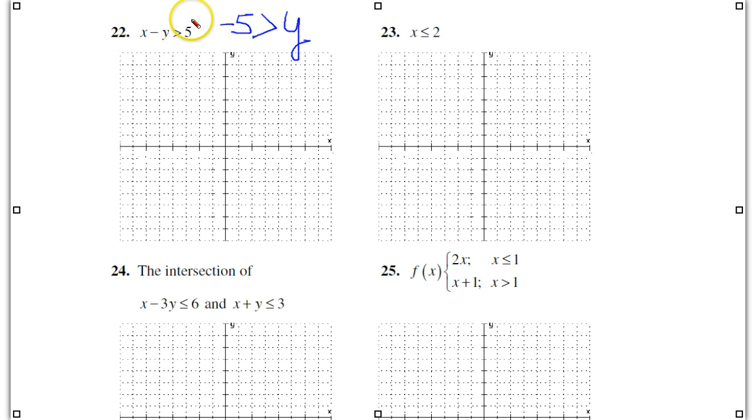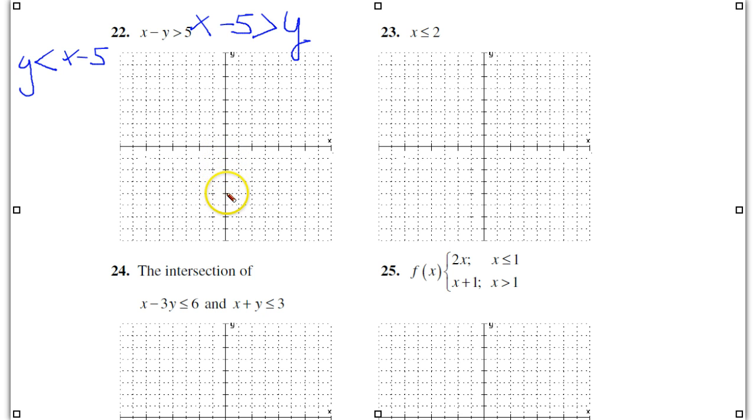And then that stays like so. So if we write this the proper way, it's y is less than x minus 5.